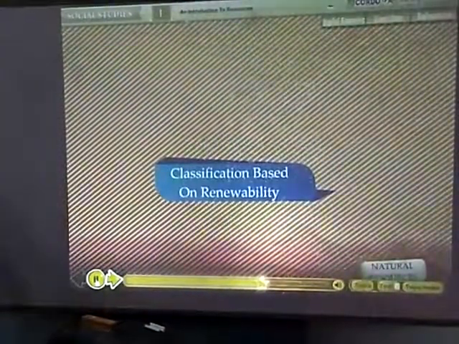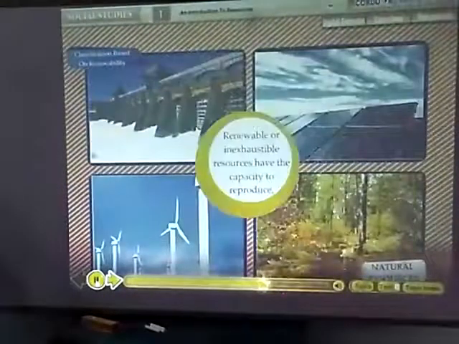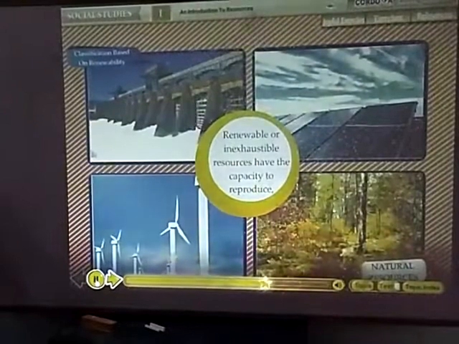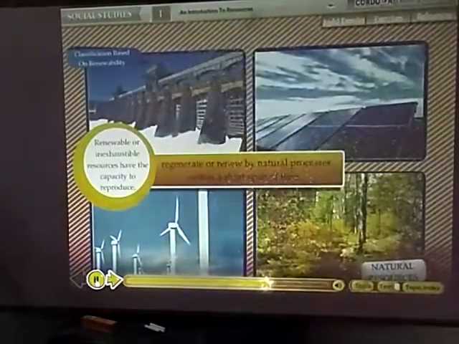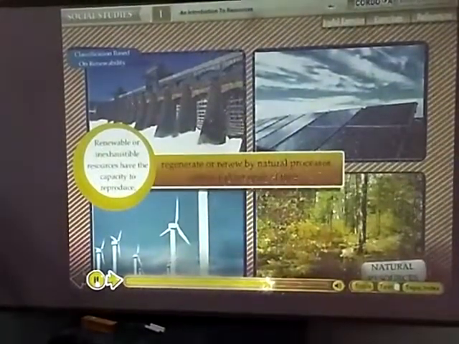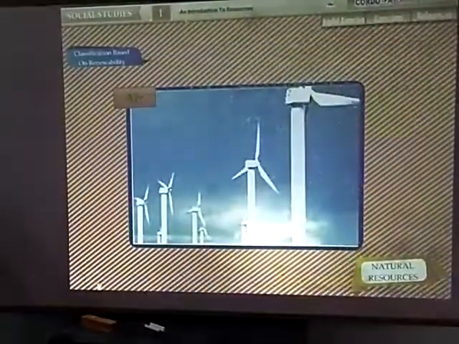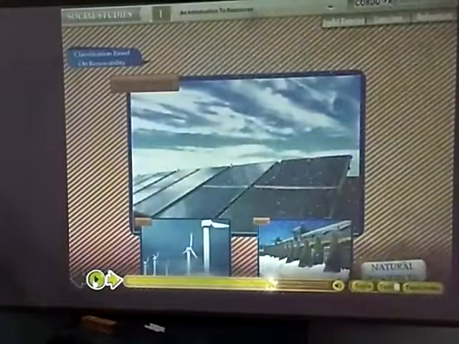Classification based on renewability. Renewable or inexhaustible resources have the capacity to reproduce, regenerate or renew by natural processes within a short span of time. Air, water, solar energy. Classification based on renewability are of two types: renewable or inexhaustible resources and non-renewable resources.